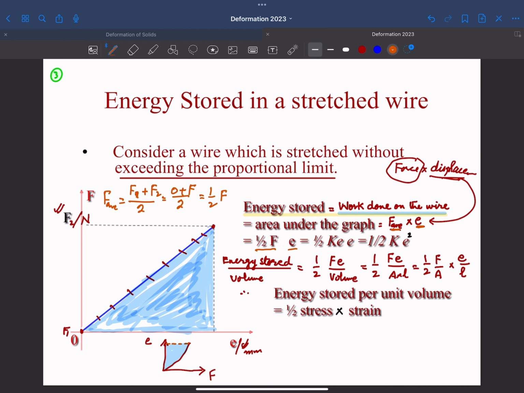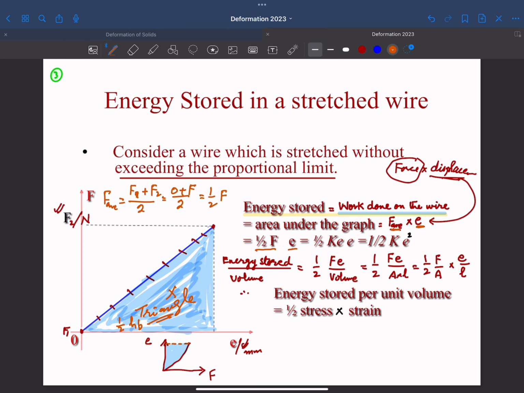So there are two explanations. One is the average force into extension, and on the other hand, the area under the graph is nothing but the area of the triangle, which is half height and breadth. This is how you write it.